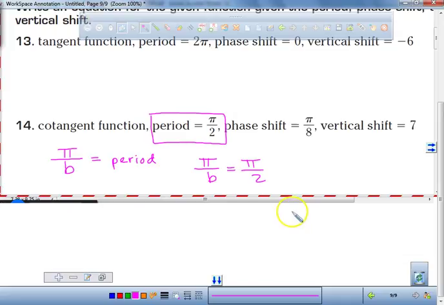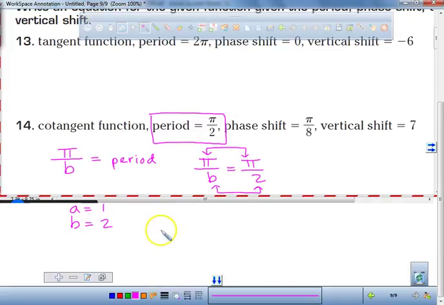On this one, I'm not going to cross multiply, because if you agree that pi is equal to pi, then hopefully you will agree that my b value has to equal 2. So if pi equals pi, then this number has to equal this number. So what do I know my b value has to be equal to? 2. Since they don't mention the amplitude, just put your A value as 1. So automatically assume A is 1 if they don't mention anything about the amplitude.